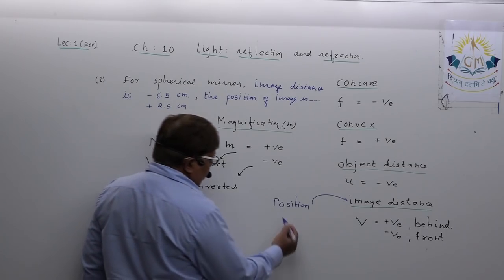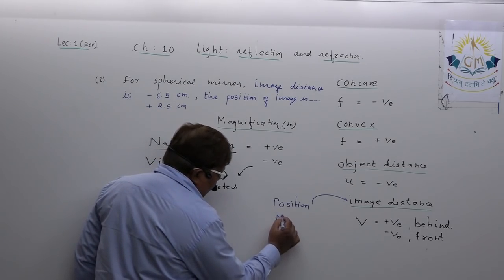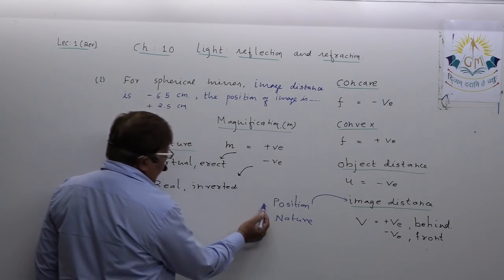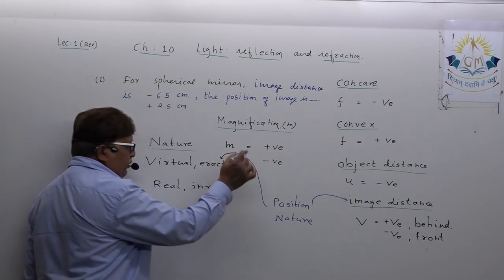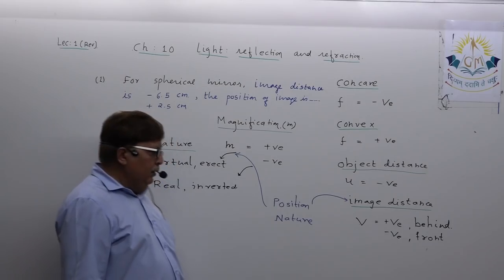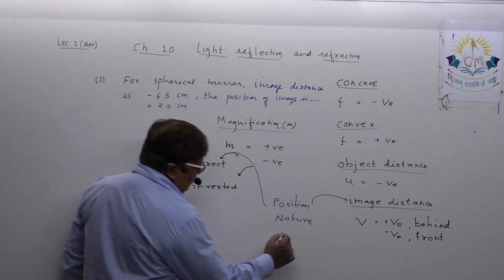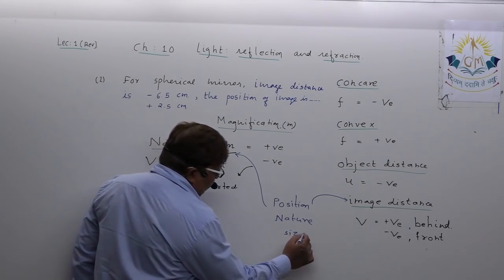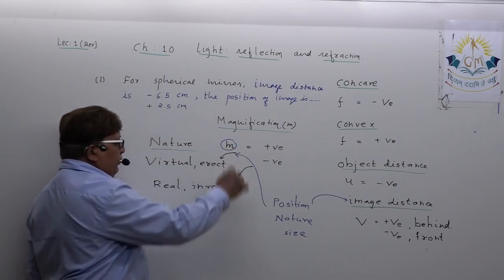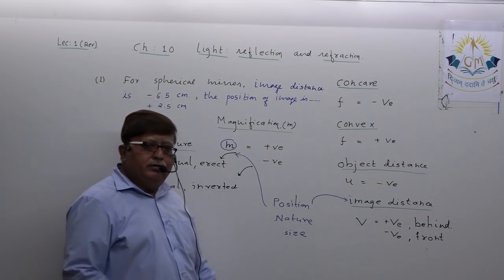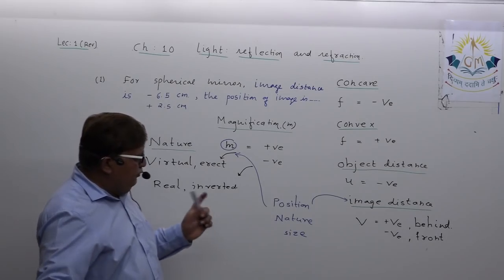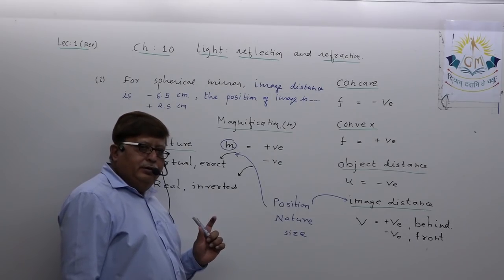Then I spoke another word, nature of the image, that you can guess from the value of magnification. And then remains size of the image, that you can find after you find the value of magnification. Size of the image can be easily calculated. Is it clear in your mind?